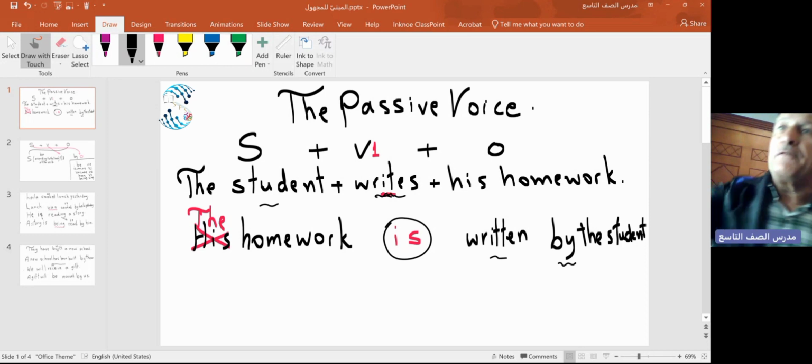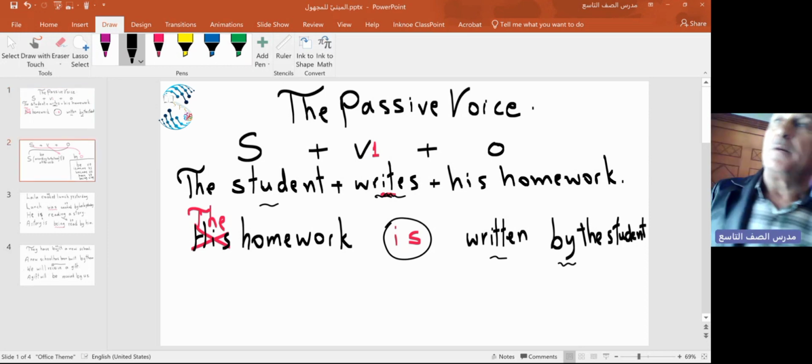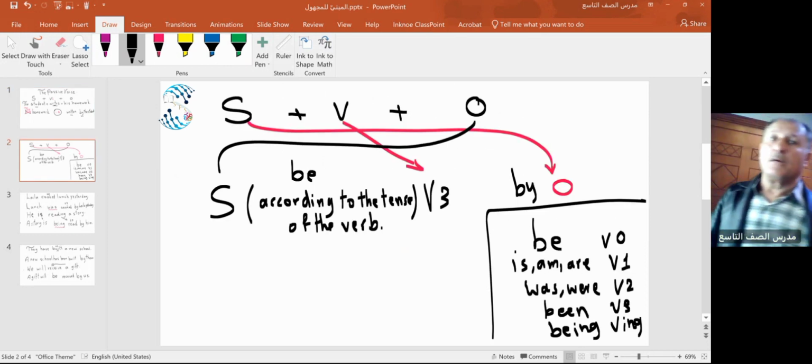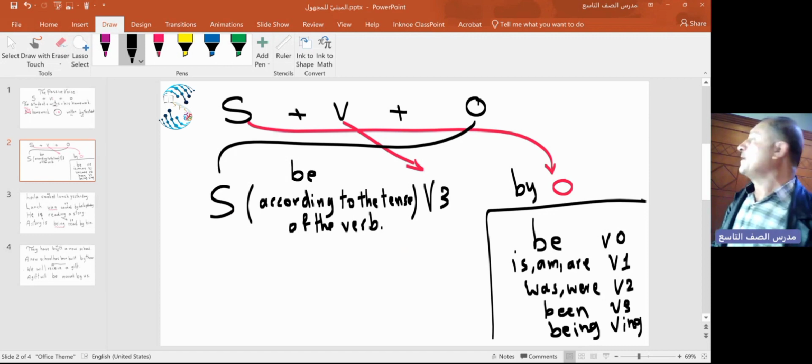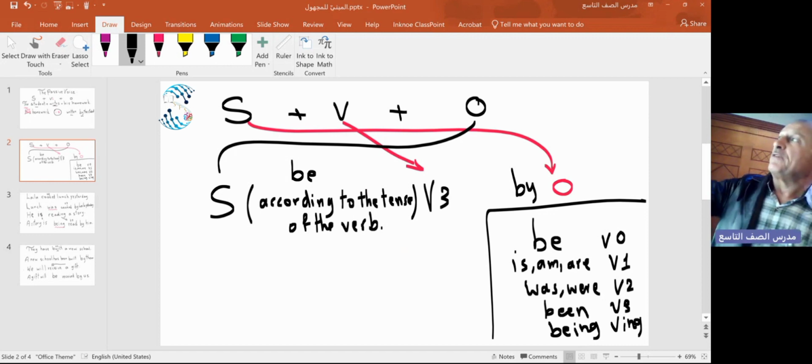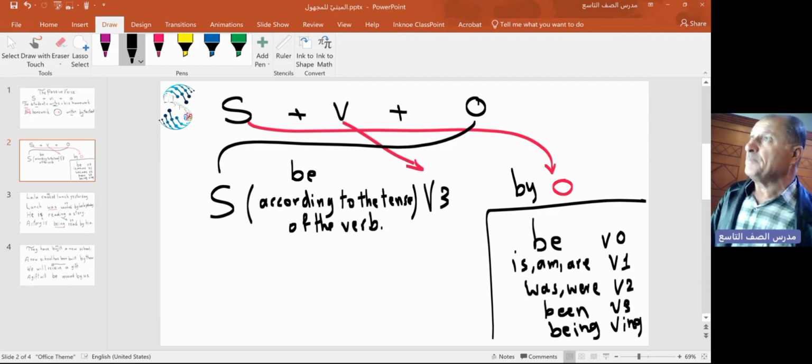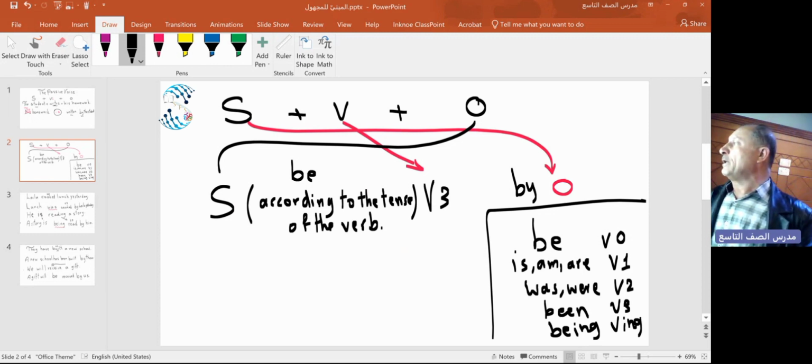Now I will make a diagram for this process. We have subject, verb, and object. We take the object and put it in the place of the subject. It becomes a subject. And we take the subject to replace the object and we put the word by.